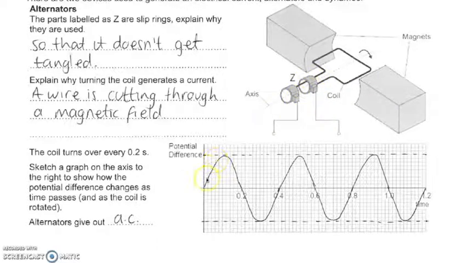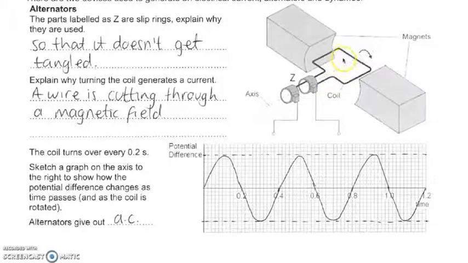Okay, now that means every 0.2 seconds we're going to get a shape like this. Now, why is there a peak? Well, the peak occurs when this end of the wire is right in the middle of the magnetic field lines, because when it passes downwards, notice there's less of it cutting the magnetic field lines.